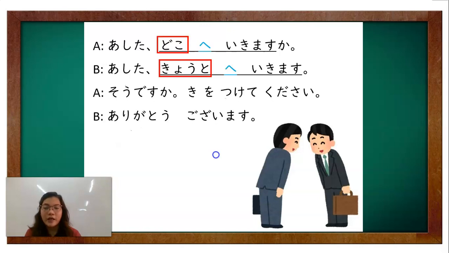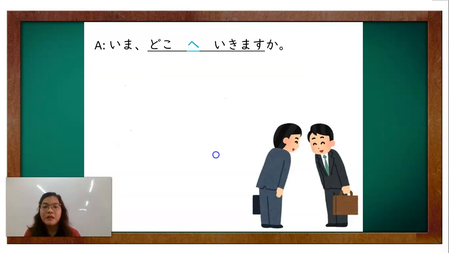So, how about, okay, here's another example. Ima, doko e ikimasu ka? Ima is now, doko is where, ikimasu is go. So, this question in English means, where will you go now? Saan ka pupunta ngayon?